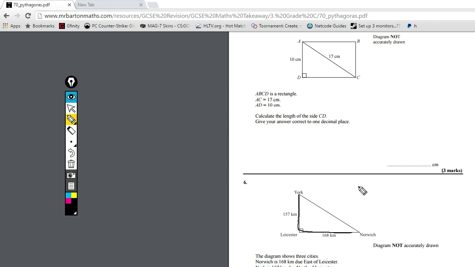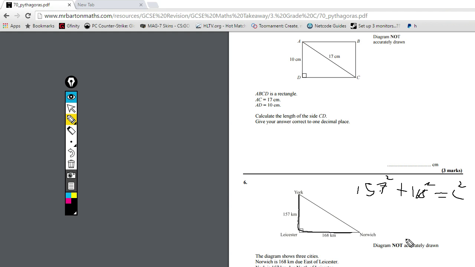So what we're going to do is 157 squared plus 168 squared equals c. And c is the distance between Norwich and York. So do that on your calculators.